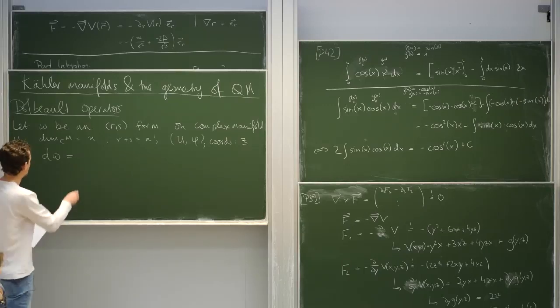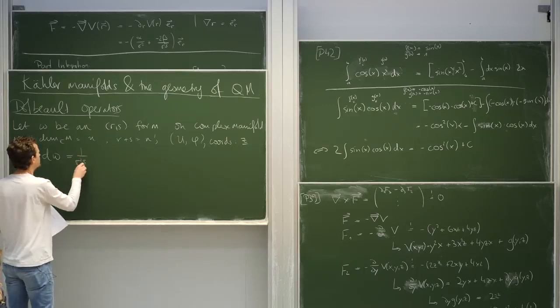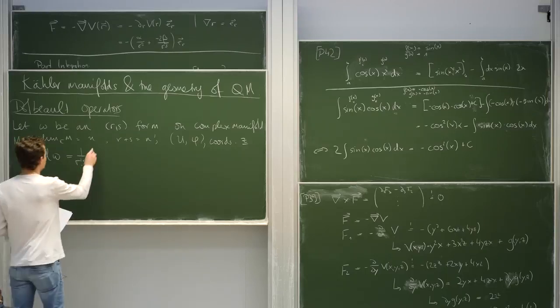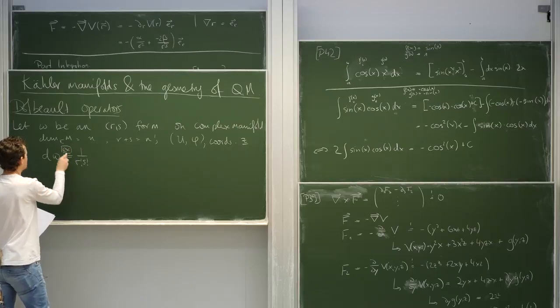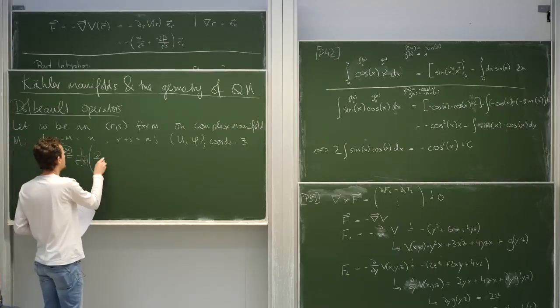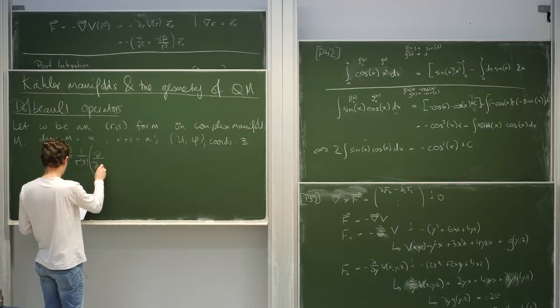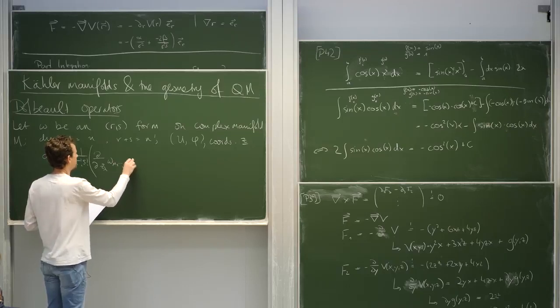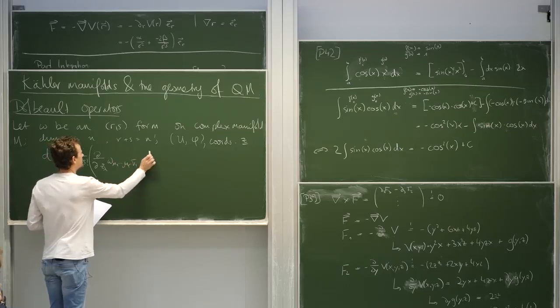Or we can write it out in terms of our complex variables, z and z bar. And then it's a little exercise that when you do that, the result has a particular form, which is very useful.